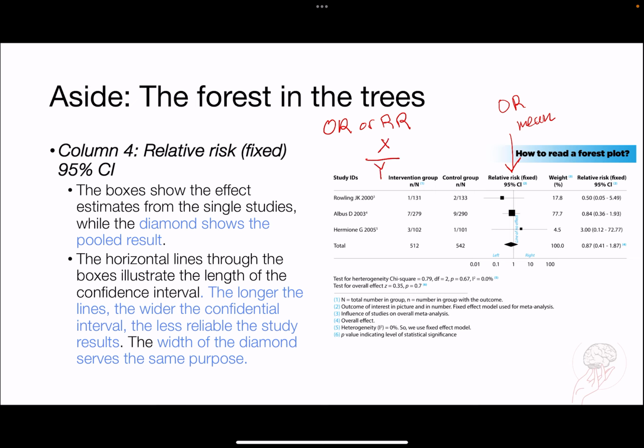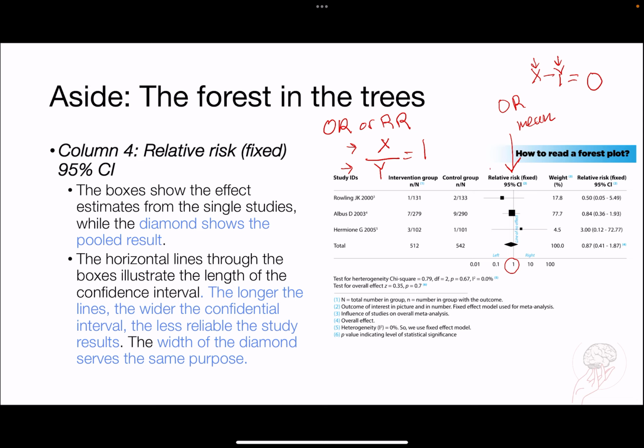And if there's no difference between the top and the bottom numbers, it will equal 1. That's why this line is on 1. If we're using a mean, it means we're looking at some number minus another number. If there's no difference between these two numbers, it will equal 0. So if this was a mean, this 1 would be a 0.